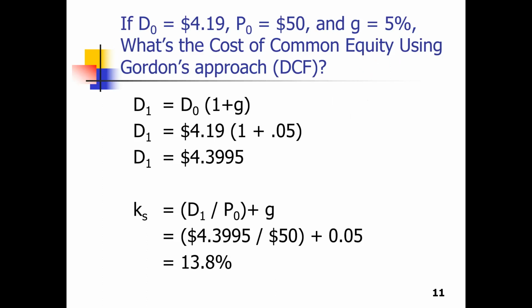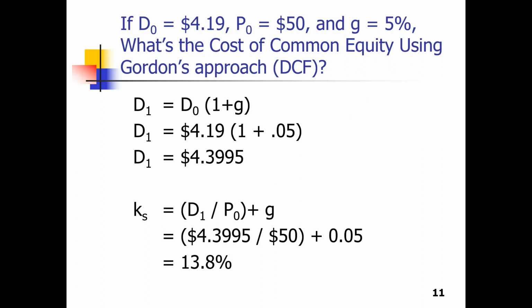Then I can go to Gordon's formula. KS, cost of capital on the stock, is D1, next period's dividend, which is 4.3995, divided by the price of the stock at time 0, which is given to us as 50, plus the growth rate of 5%, so KS is 13.8.